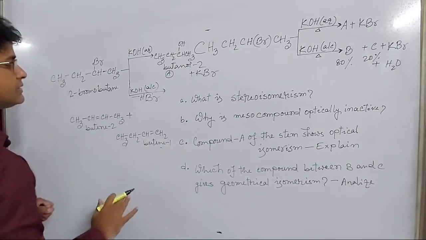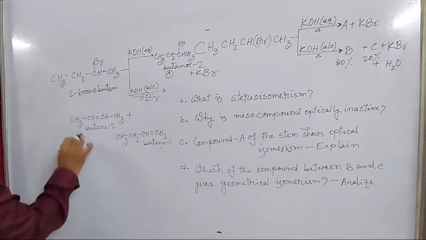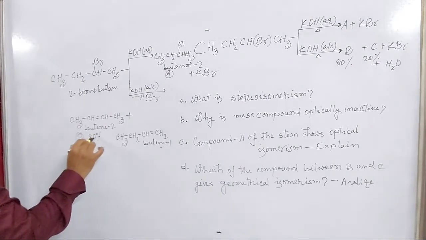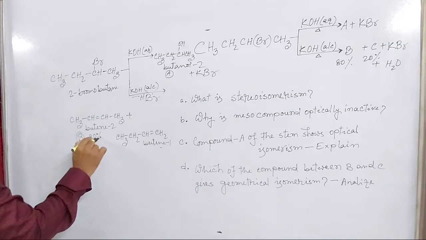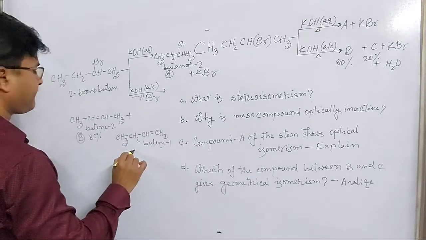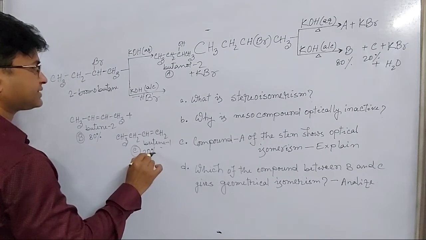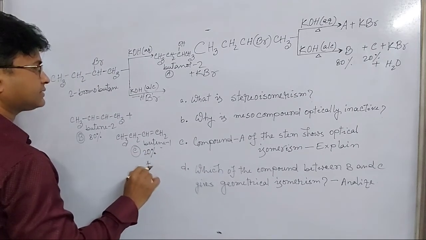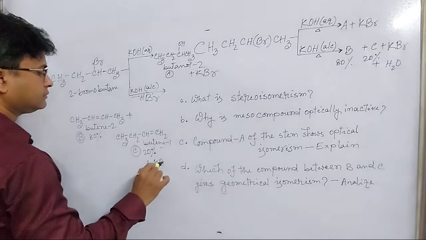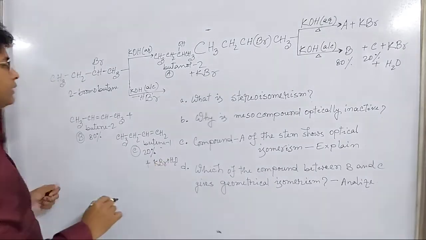So dear students, I can say here B compound is butene-2 and the percentage of B compound is 80%, and C compound is butene-1 and the percentage of C compound is 20%, plus potassium bromide plus water will be produced.